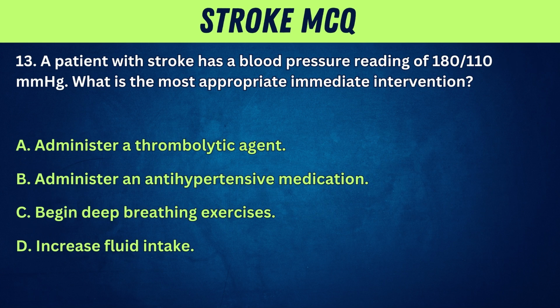13. A patient with stroke has a blood pressure reading of 180/110 mmHg. What is the most appropriate immediate intervention? A. Administer a thrombolytic agent. B. Administer an antihypertensive medication. C. Begin deep breathing exercises. D. Increase fluid intake.